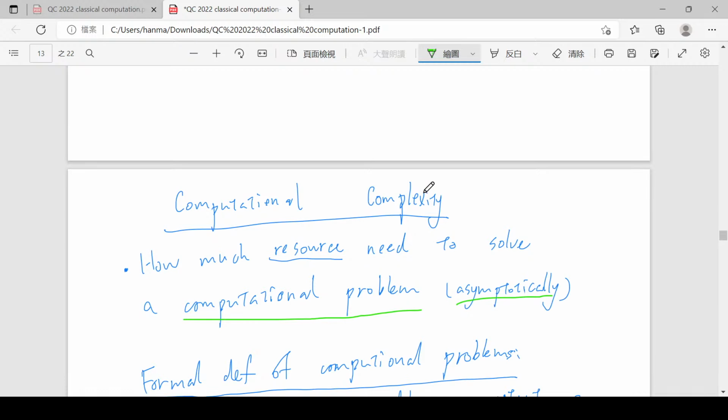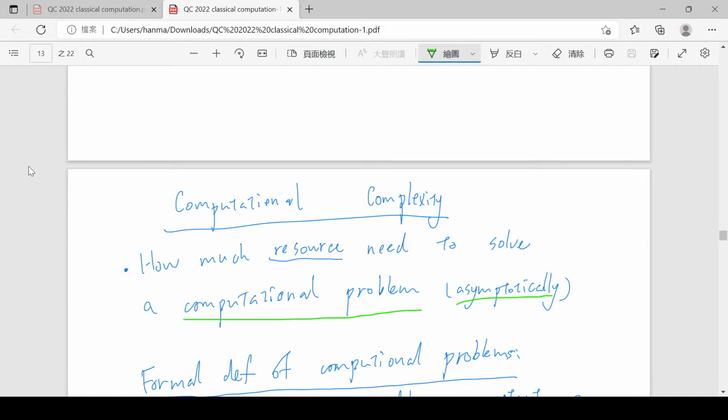This is a very different mindset compared to what we just talked about last class, the halting problem and the Turing machine. There we didn't really care about how much resource we use. For the halting problem, people only care about whether a problem can be computed or not, so being decidable or not. But this resource perspective is obviously much more modern.